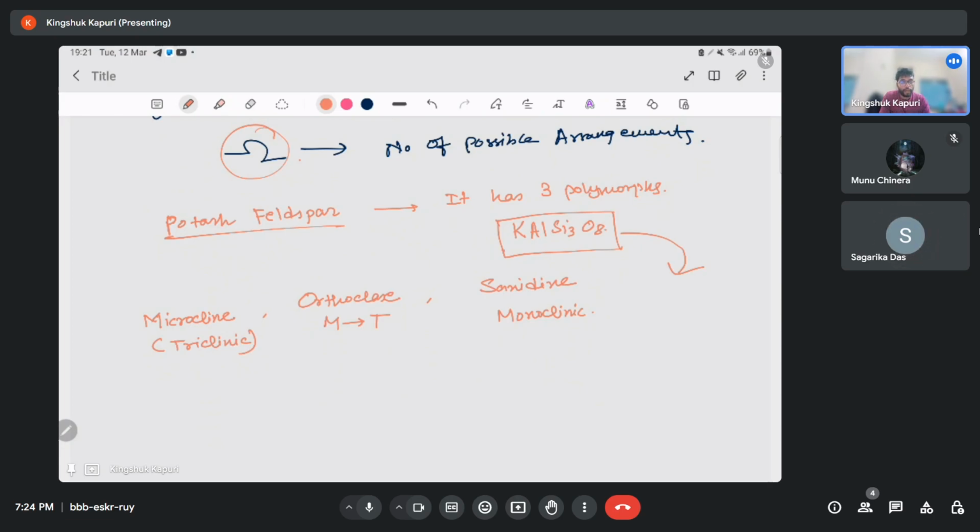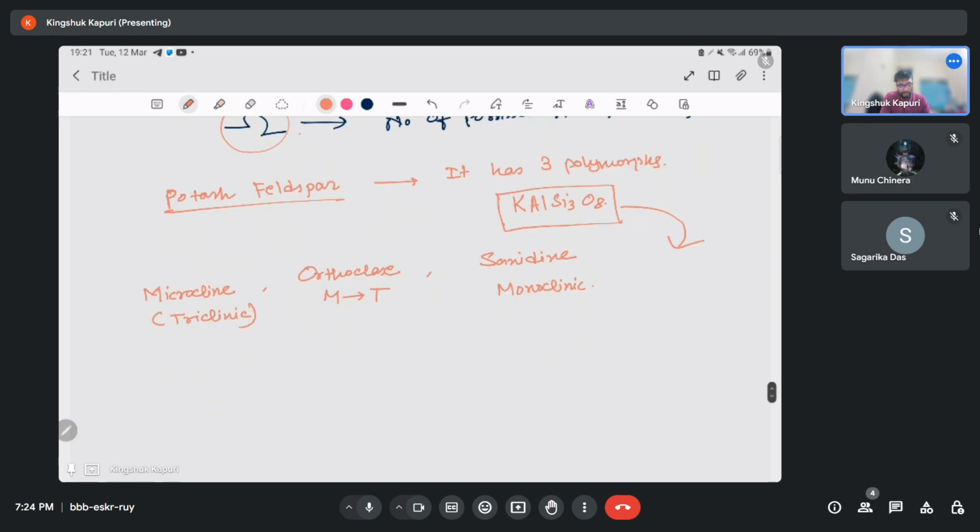Yes, sir. Okay, so how many tetrahedral sites are available in case of a potash feldspar? You can give it a try. I think it's not that hard. Potash feldspar has four tetrahedral sites, right? Correct me if I am wrong. So three silicon and one aluminium, right?